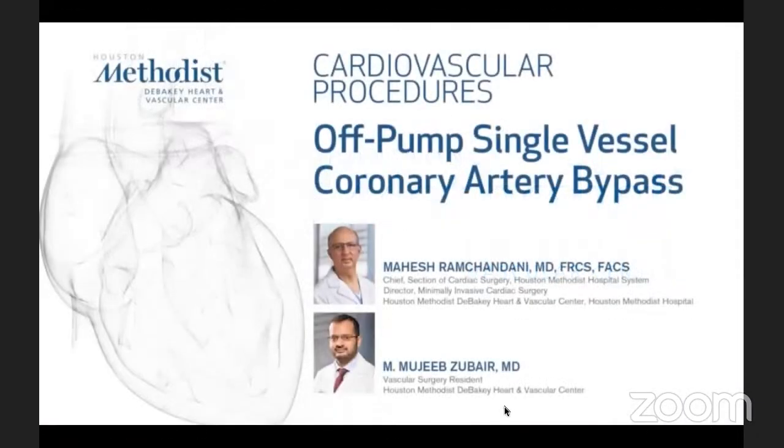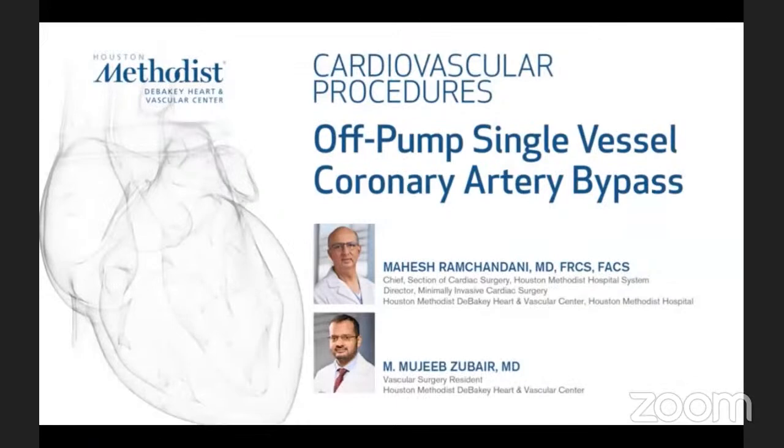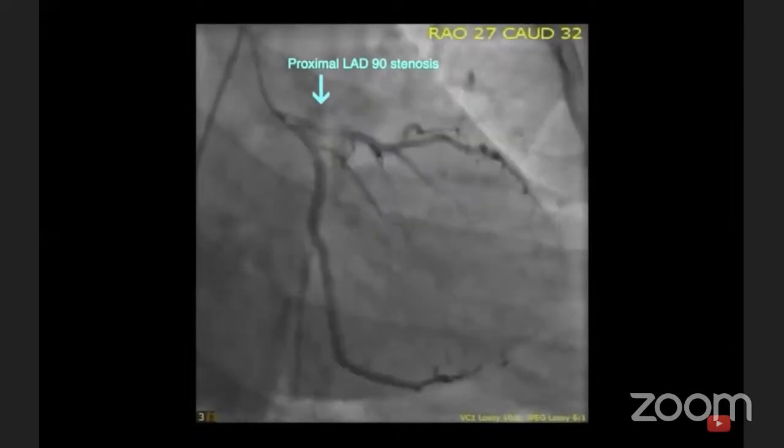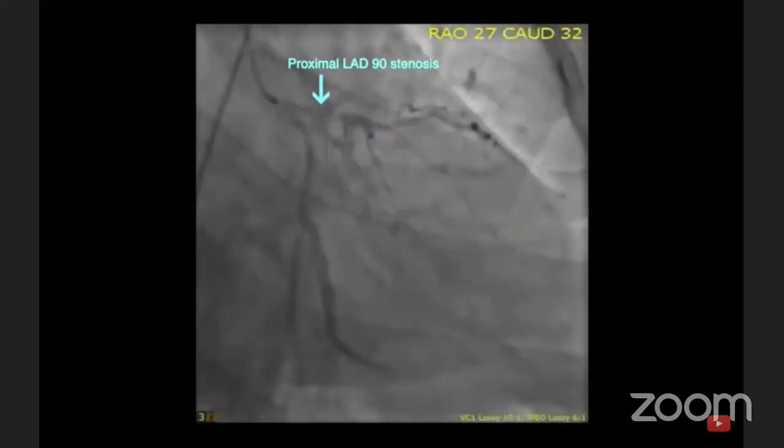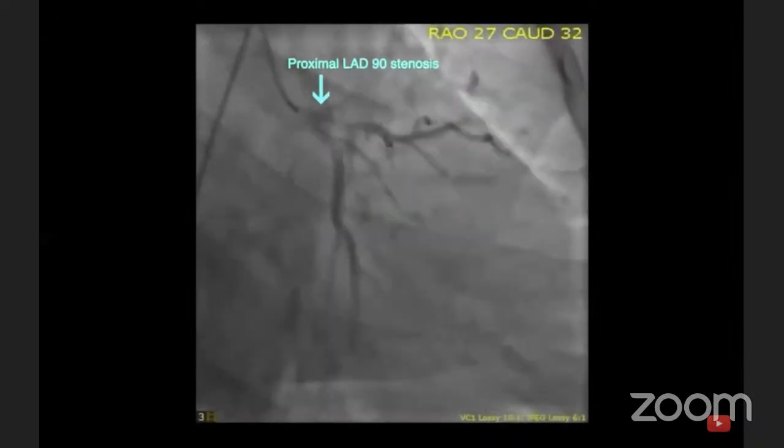This video demonstrates single vessel off-pump coronary artery bypass in a 48-year-old patient who presented with coronary artery disease and unstable angina. Cardiac catheterization showed 90% stenosis of the left anterior descending artery with involvement of the ostium.